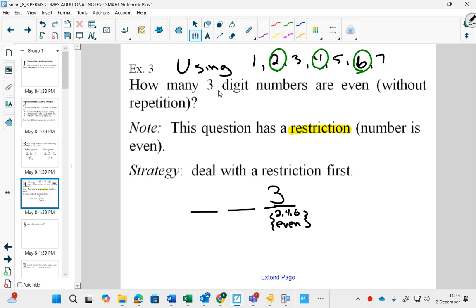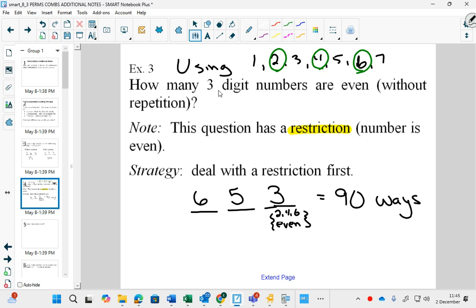But now I go to my first space and make that my second decision. How many choices are left now? 6, because you had 7 numbers, and you used up, you don't know which one, but either the 2, the 4, or the 6 is no longer available. And now you've used up another number. How many choices are left? 5, giving you 90 different numbers using 1 to 7 without repetition and that are even.